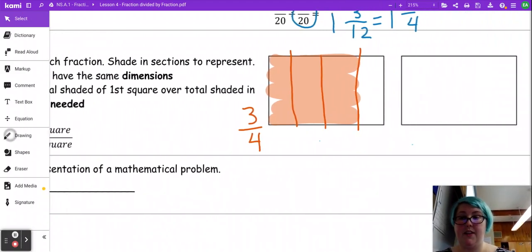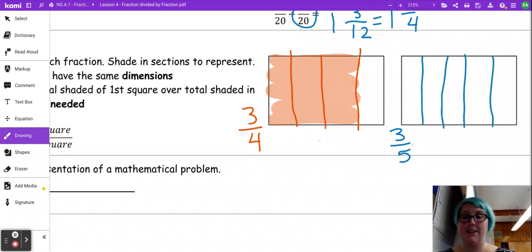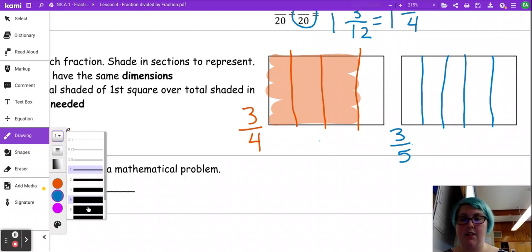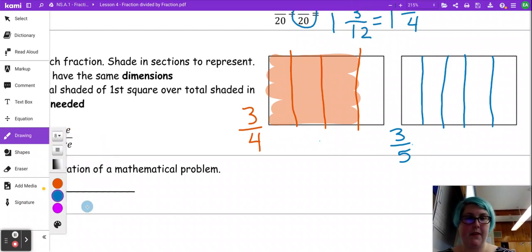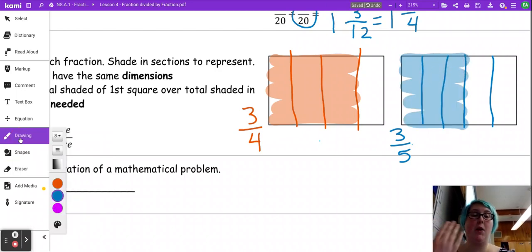So our 3/5, we have to divide into 5 pieces. Again, doesn't have to be perfect. Once you divide into your 5 pieces, you're going to shade in 3 of them, just like we've been doing. After we shade them in, we need to represent the other fraction in the same box.